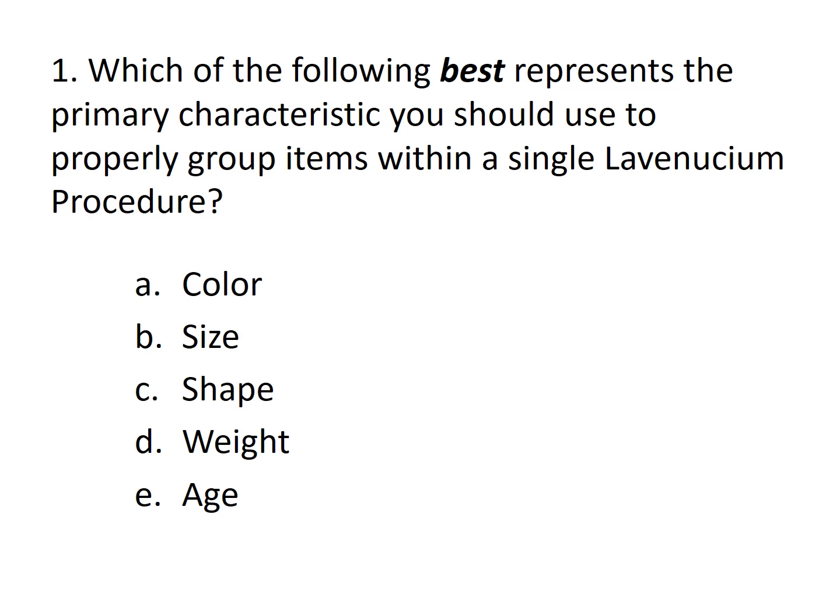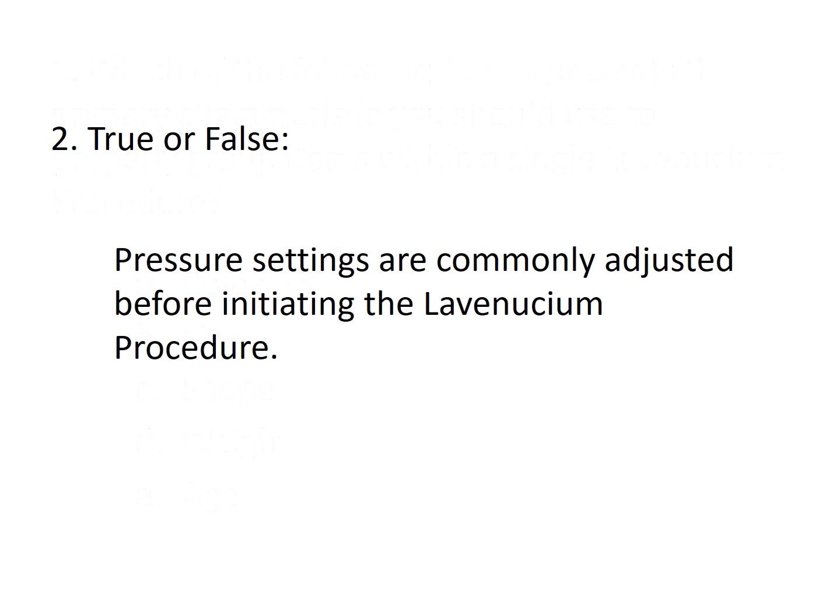All right, let's grade your responses. So which of the following best represents the primary characteristic you should use to properly group items within a single Lavanusian procedure? Well, the best possible answer from the choices provided would be color. Question 2, true or false? Pressure settings are commonly adjusted before initiating the Lavanusian procedure. Well, of course, this is false.